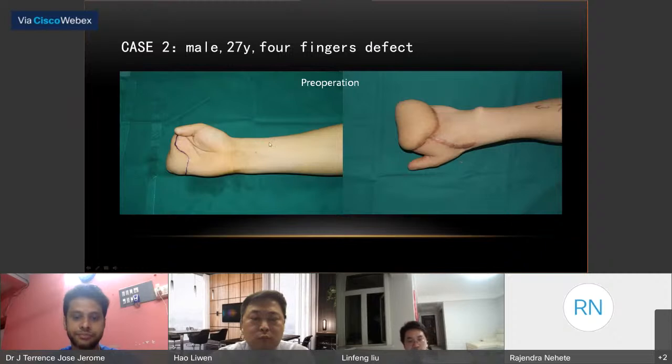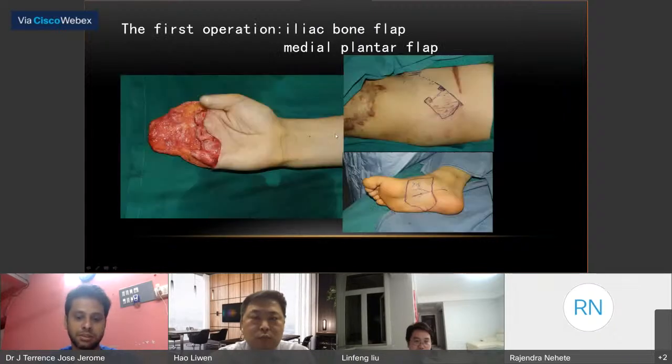Through this case, we can understand this process. This case is a four finger defect. In the first operation, we use the ilium bone flap and the medial plantar flap to reconstruct the fingers, bone, and whole skin.